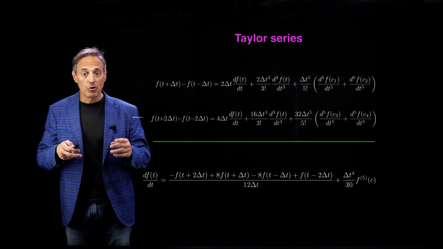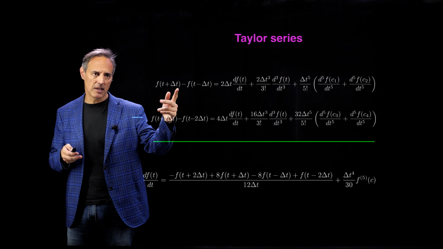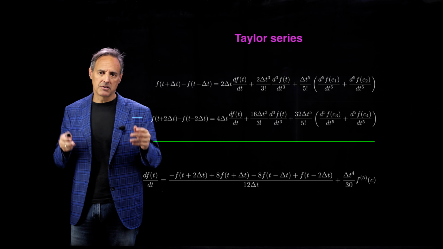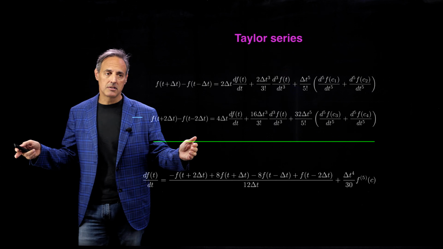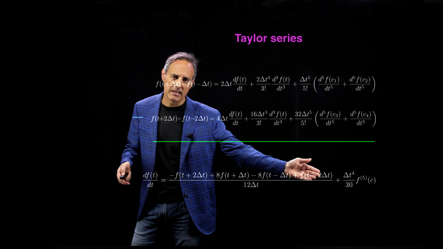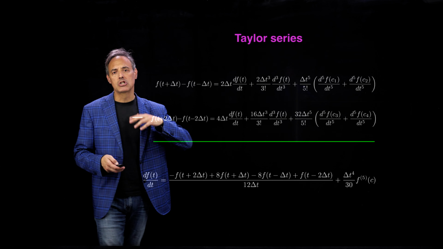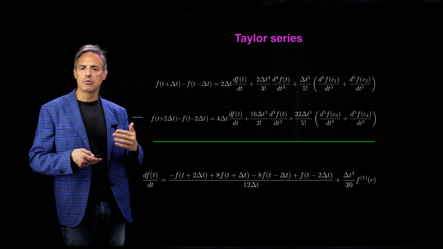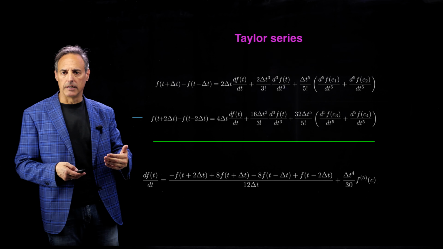And of course, if you use more neighboring points, so instead of just using my current neighbors and their neighbors, so that's the delta t's away from you, the 2 delta t's, I could use 3 delta t's away from you, and you could even push that down to delta t to the 6th. These are different slope formulas, all of which try to compute that derivative more and more accurately, okay?